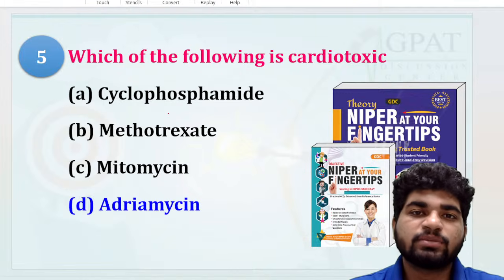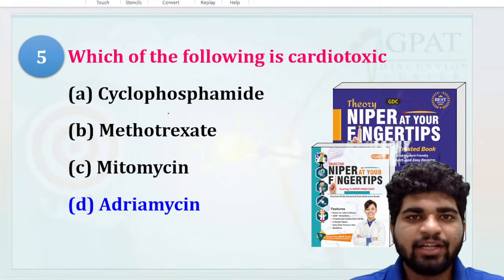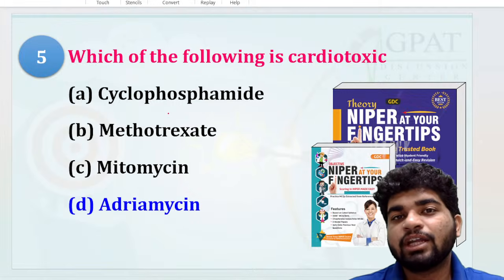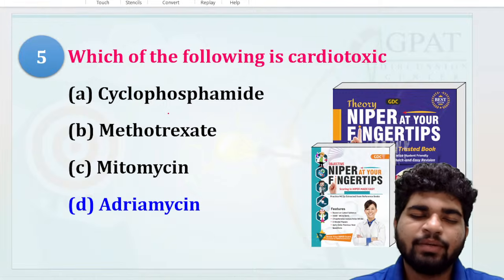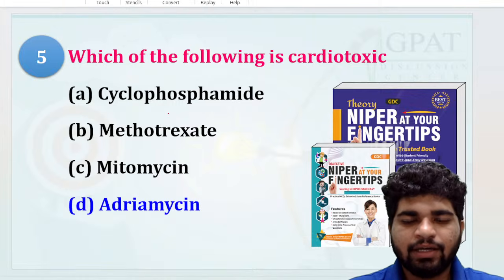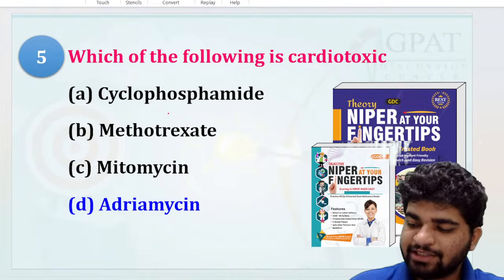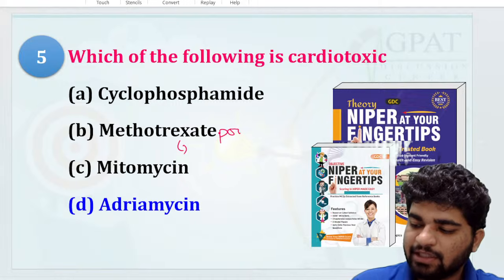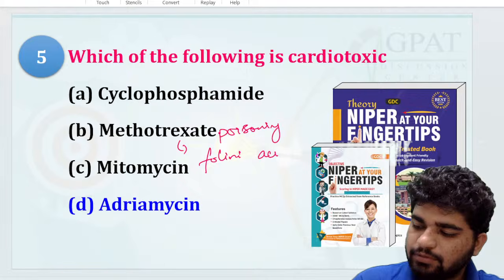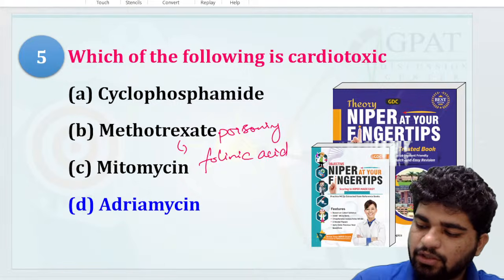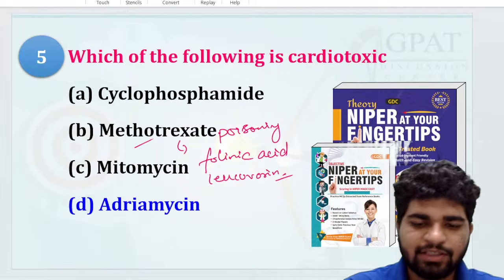Acrolein is responsible for hemorrhagic cystitis, whereas mesna is going to inhibit that active metabolite and hence prevent the hemorrhagic cystitis. Whereas in methotrexate poisoning, folinic acid as well as leucovorin, these two drugs are very much useful.